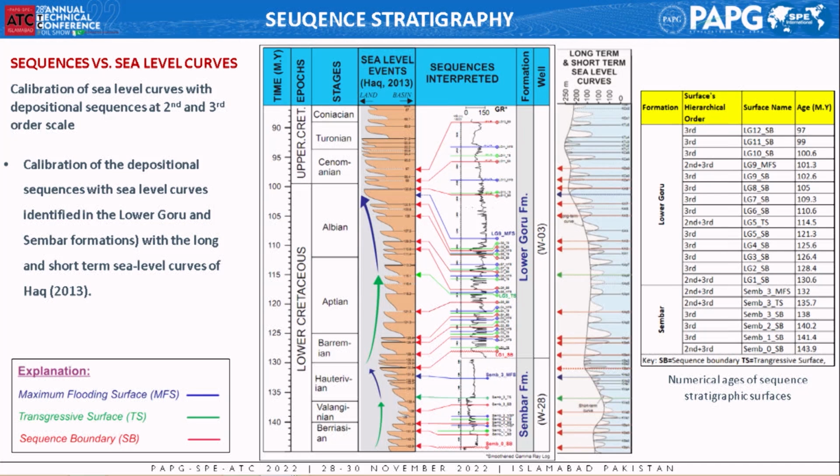So the lower first order, second order cycle is occupied by the further 9 third order sequences. Actually, LG1 sequence boundary and LG9 maximum flooding surface, these two surfaces are bounding the reservoir part of the Lower Guru. So during this study, this part of the Lower Guru was more focused to carry out the research work.